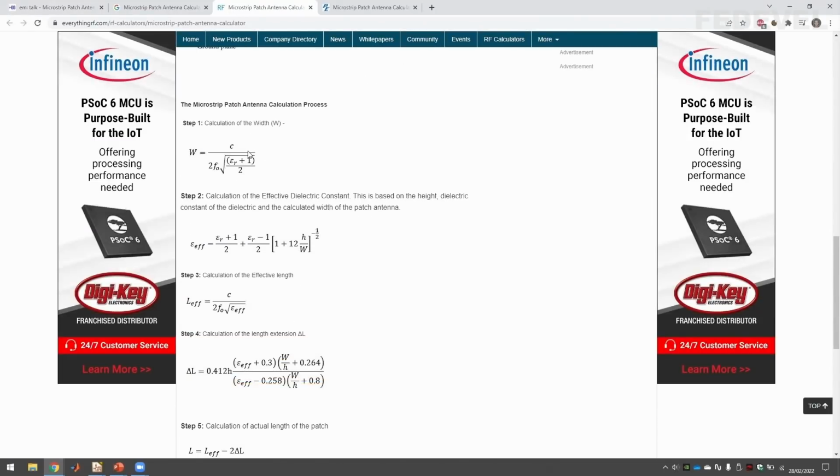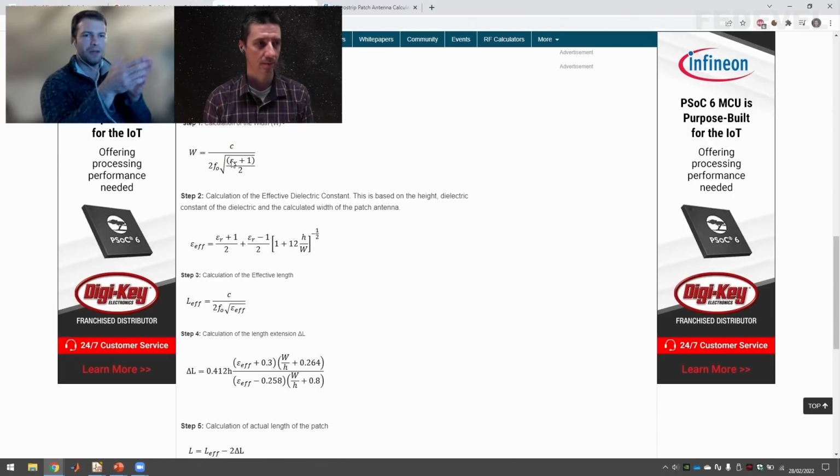So it turns out for the width, you actually just consider epsilon r, because you have to have some sort of starting point. I guess you can do it iteratively, and once you have the width, you can go back and calculate the effective permittivity. But all the calculators and papers I've seen start off with just the permittivity. From that, you calculate the effective permittivity, and from that, you then calculate the length.